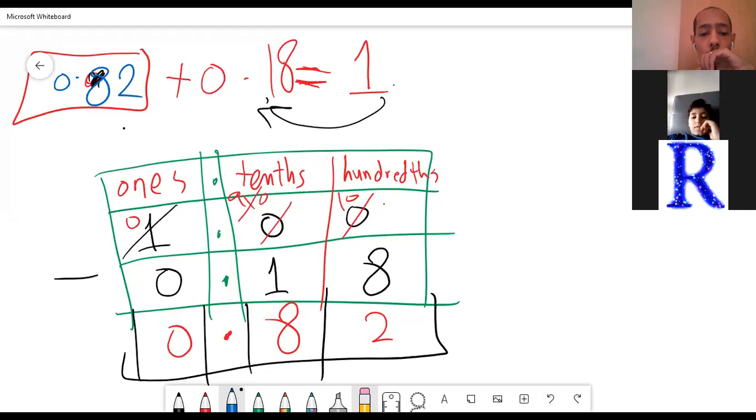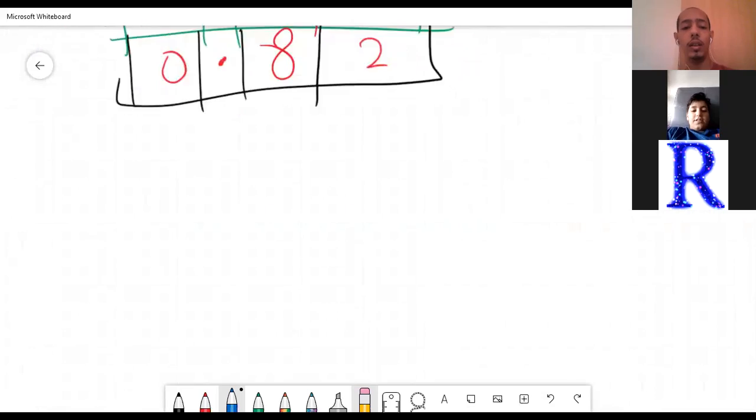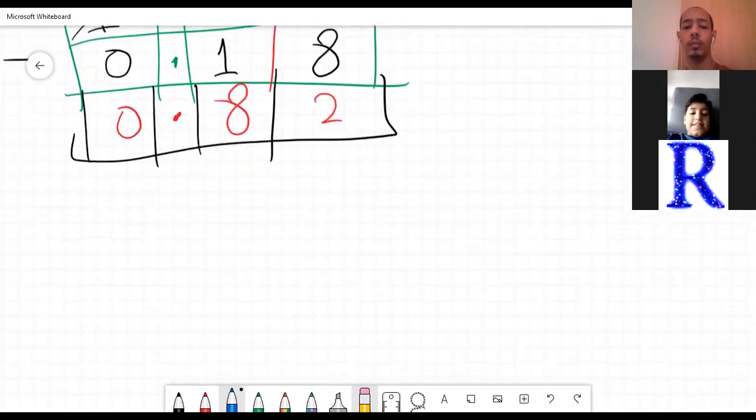Always when you do it like this, you have to align the decimal points. Teacher, can you repeat please?